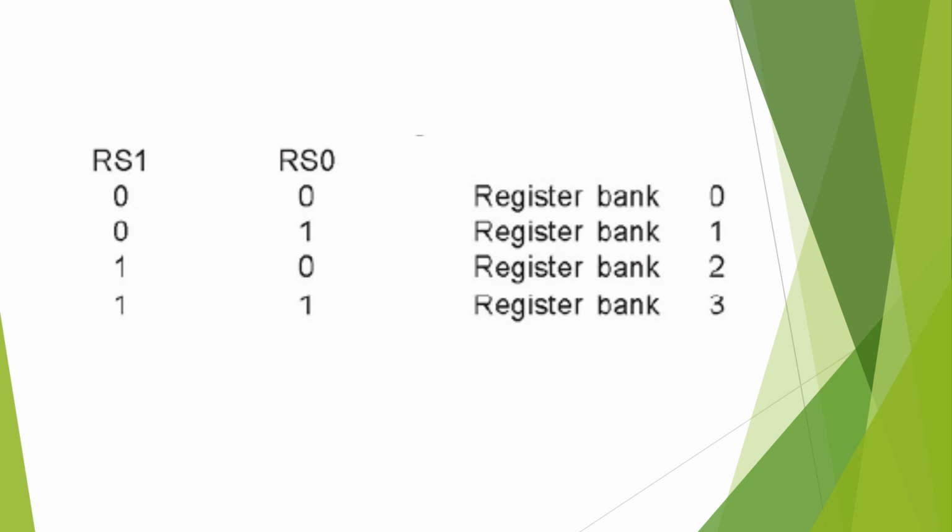And the other important register of the 8051 is the PSW register. It is again an 8-bit register, and among the 8 bits only 6 bits are used, and one of them is used according to the programmer's choice.